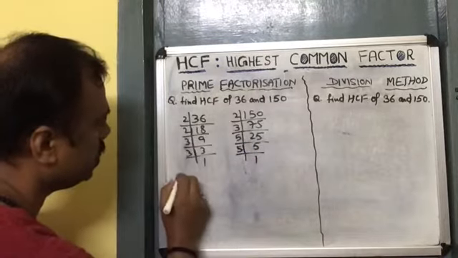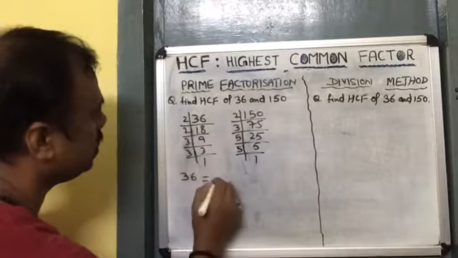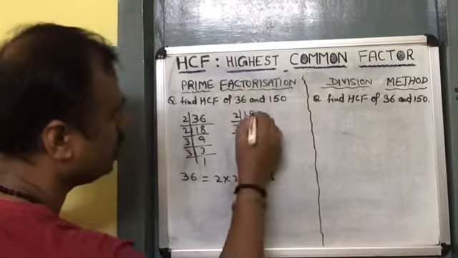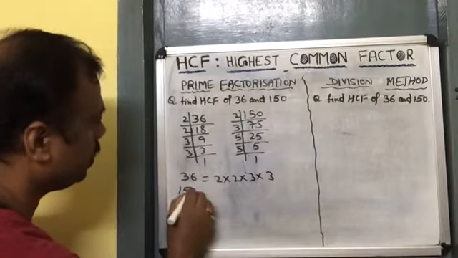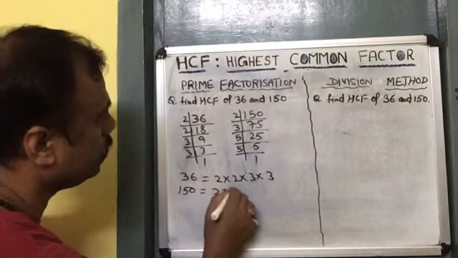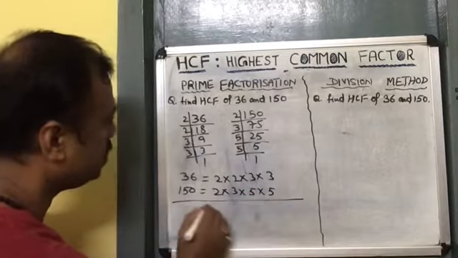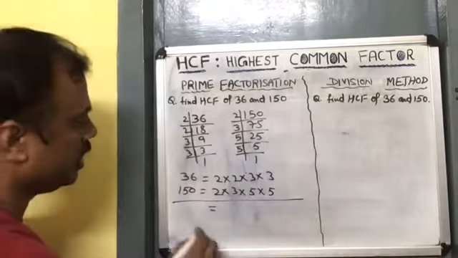We can write 36 as 2 into 2 into 3 into 3, and 150 as 2 into 3 into 5 into 5. Let us write the common factors.